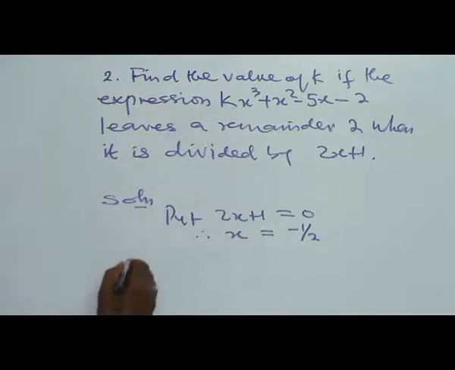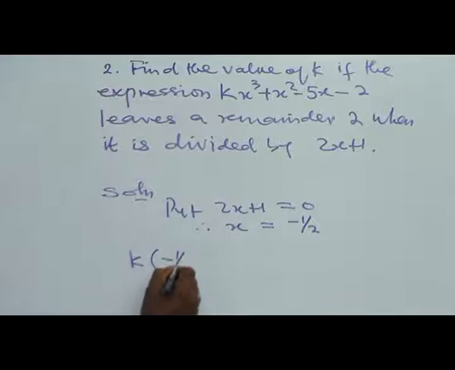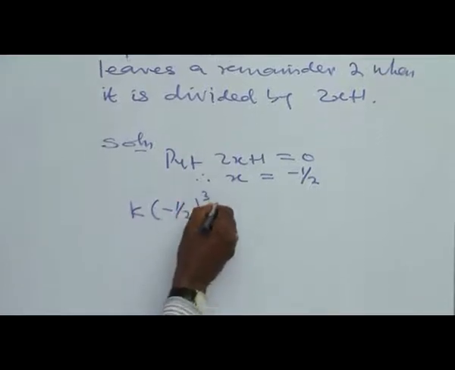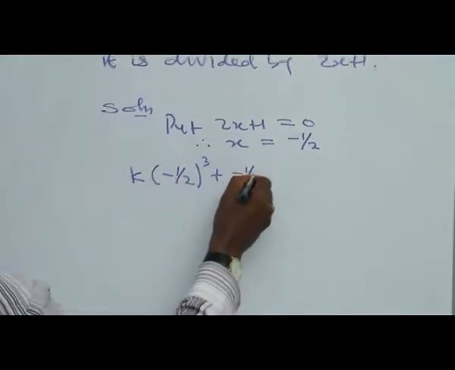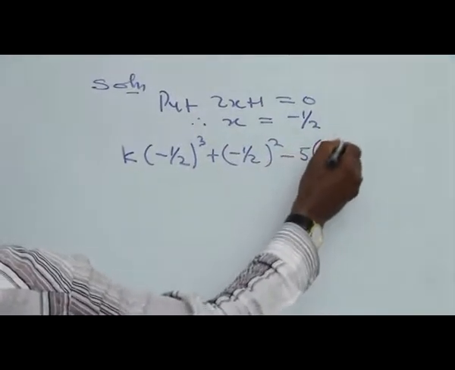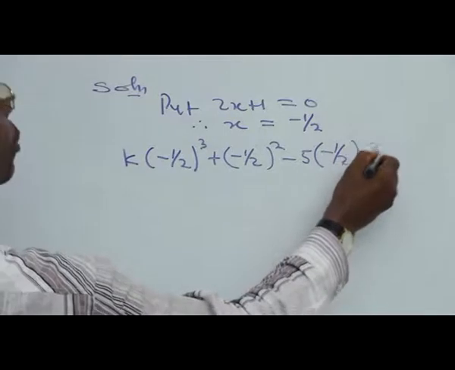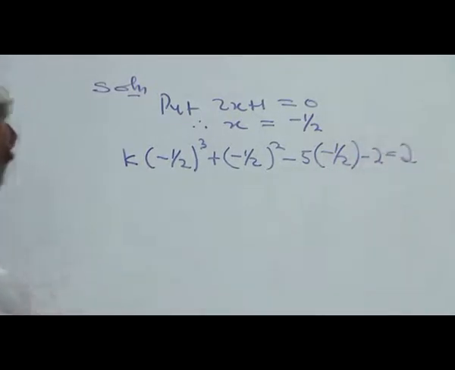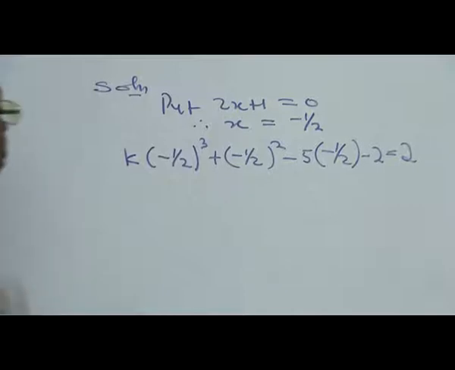So, we have k into minus half all cubed plus minus half all squared minus 5 into minus half and then minus 2. The answer is equal to 2, which is the remainder, applying the remainder theorem.